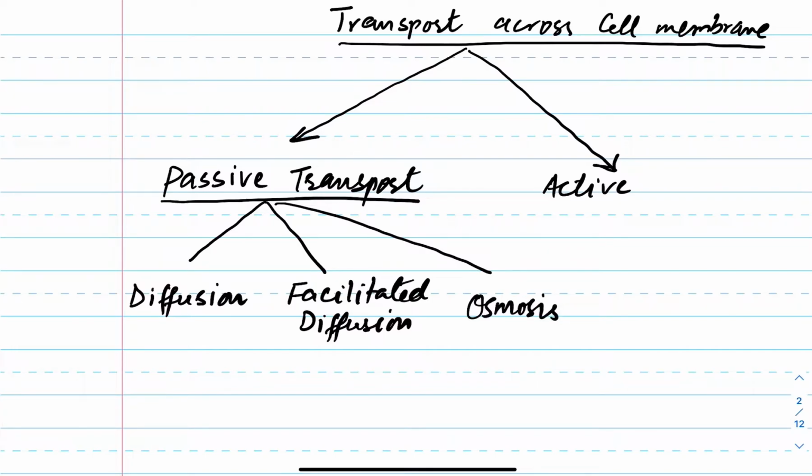Whereas active transport can be divided into two types. One is through protein pumps, and the other is through vesicles. Okay. In its strict sense, instead of active transport here, I'll write active process.